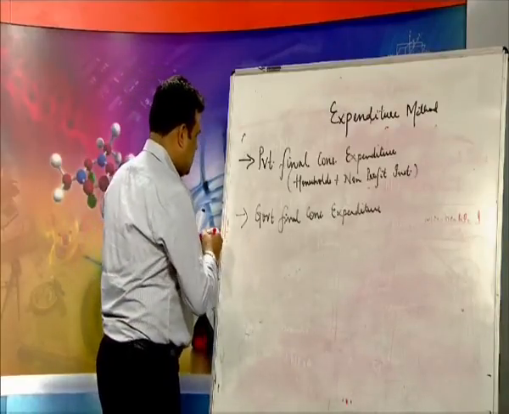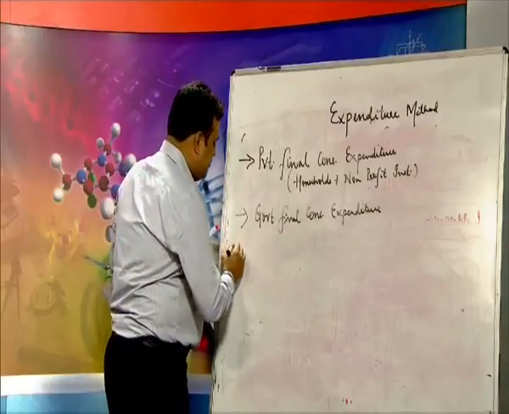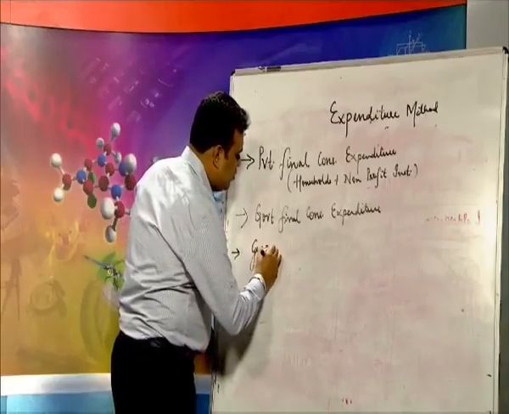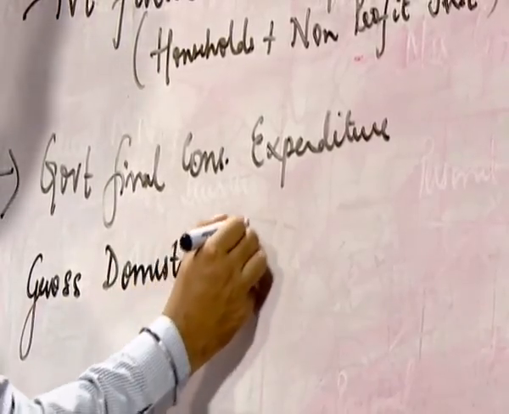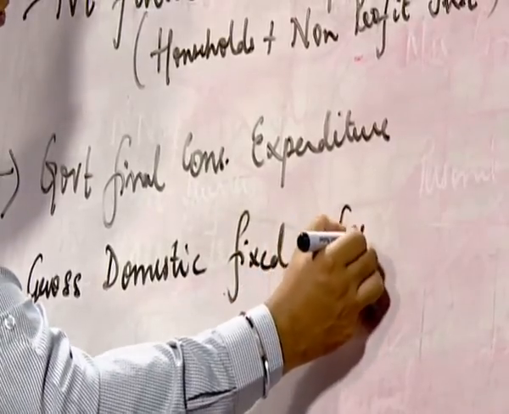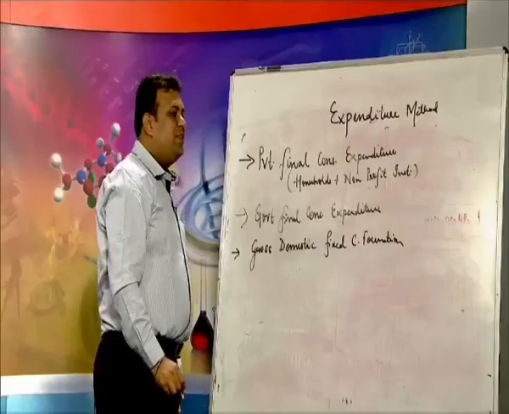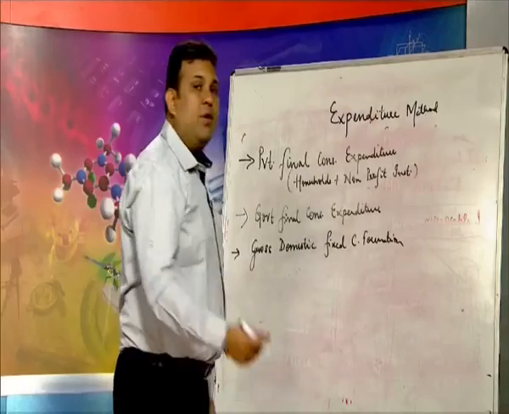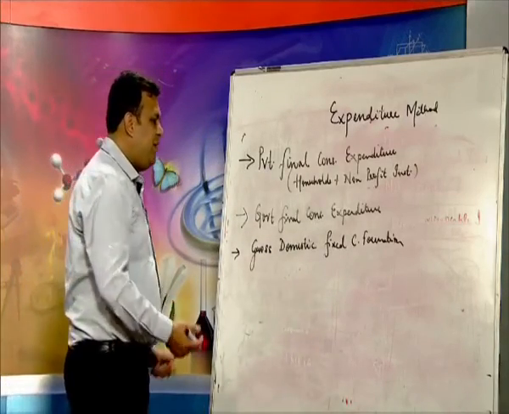Then we have gross domestic fixed capital formation. It means we are investing on fixed assets, building, plant, machinery, equipment, residential construction, purchase of plot, land, anything.